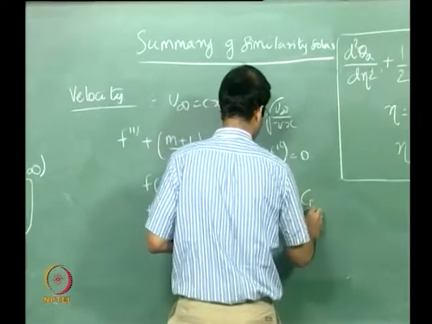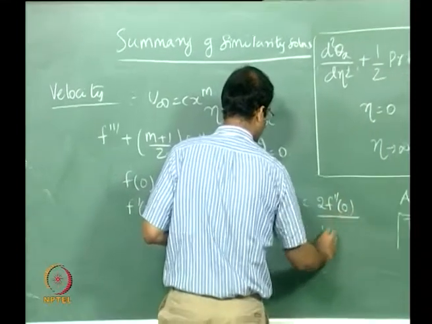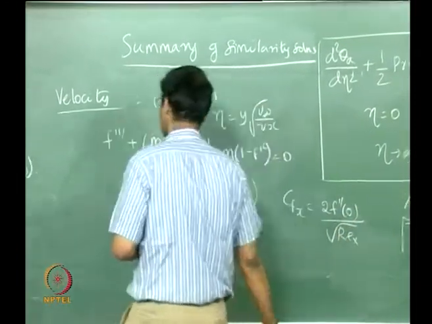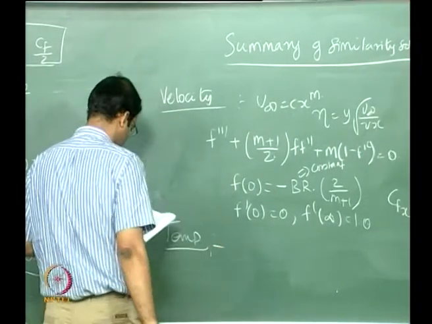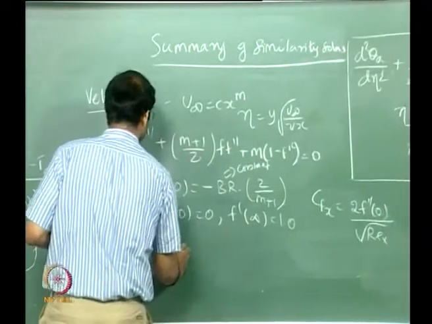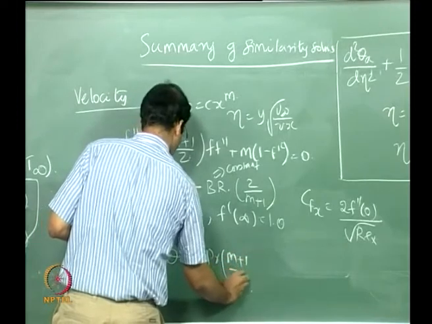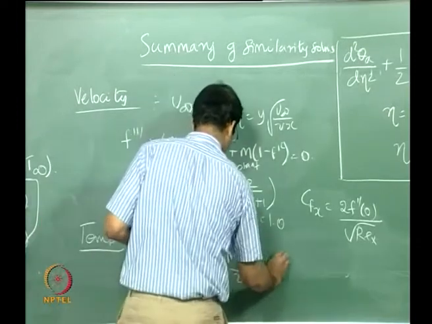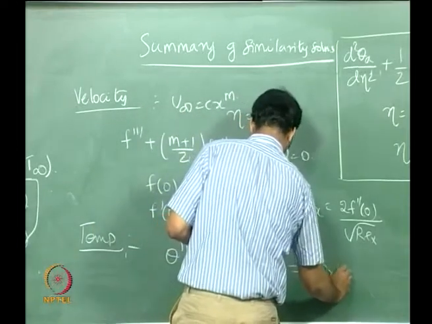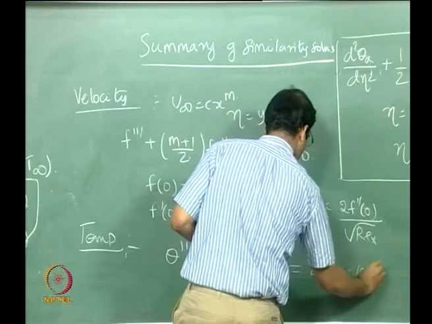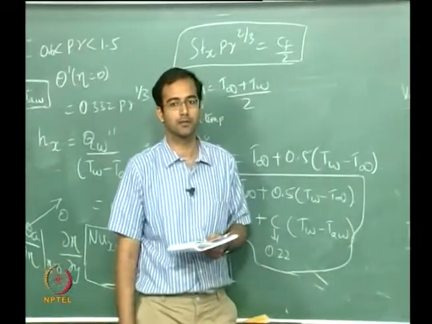Once you get it, you can calculate your skin friction coefficient as 2 times f double prime of 0 divided by square root of local Reynolds number. In the same way for temperature, the most general similarity solution is theta... this is your most general form, including high speed flows.